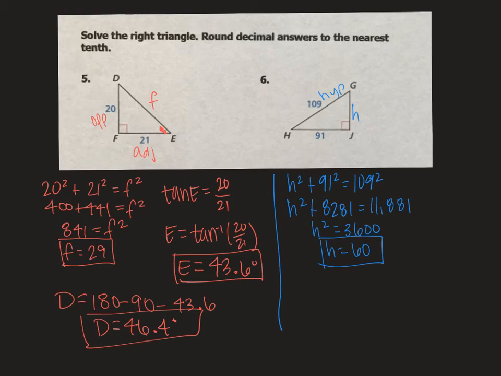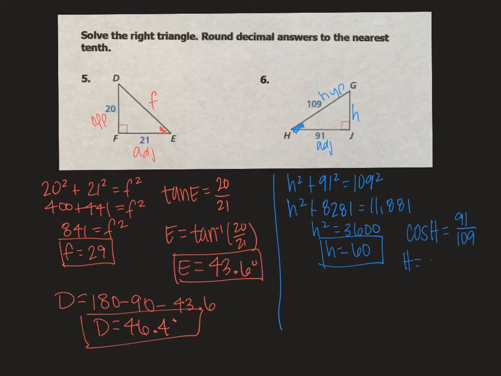So I'm going to start with angle H. Doesn't matter which one you start with. From angle H, 91 is my adjacent side, 109 is my hypotenuse. So that's going to be cosine. So cosine of angle H is 91 over 109.